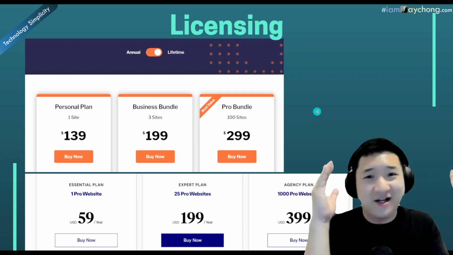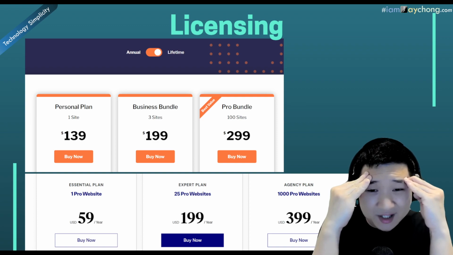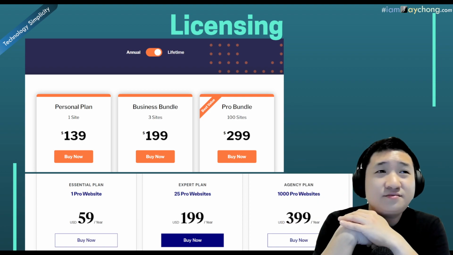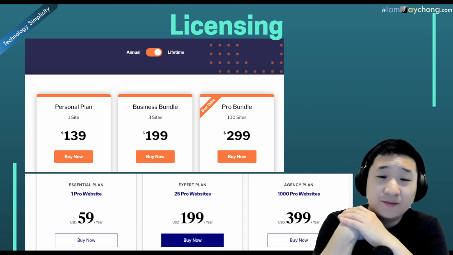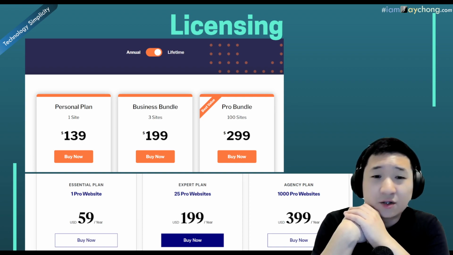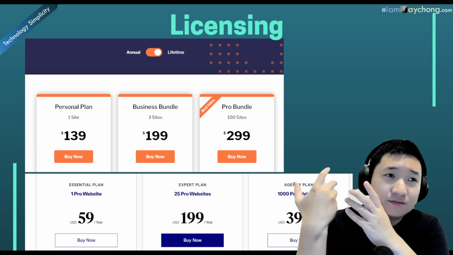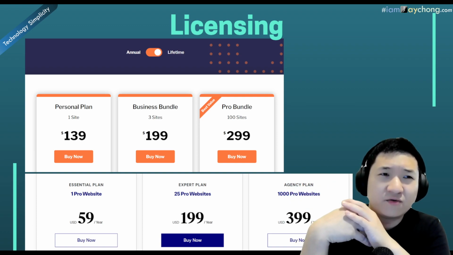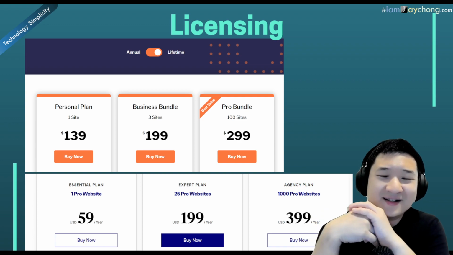Come on. To be honest, I don't know why it's so low. But of course, they want to go for volume, which means imagine they have 10 million users subscribing to their license. They don't mind going for a profit margin of like 50 cents.